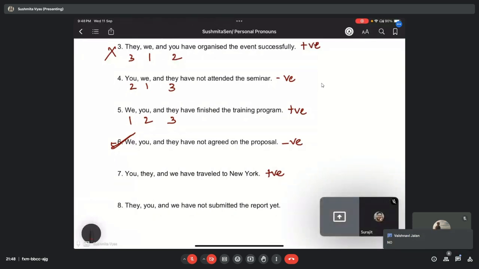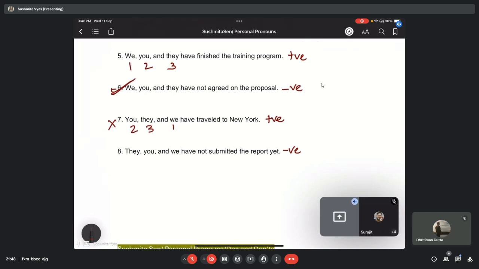No. Next, a negative sentence: they, you, and we have not submitted the report yet. See, Vaishnavi is so fast to detect if this is in the correct order or not. This is how easy this is. In all these examples, they is 3, you is 2, we is 1. This is also incorrect.